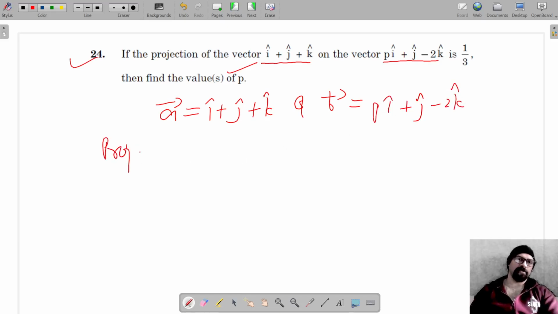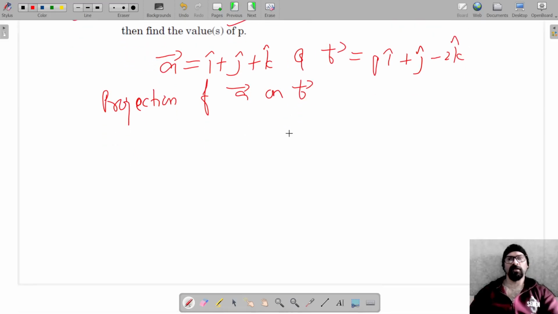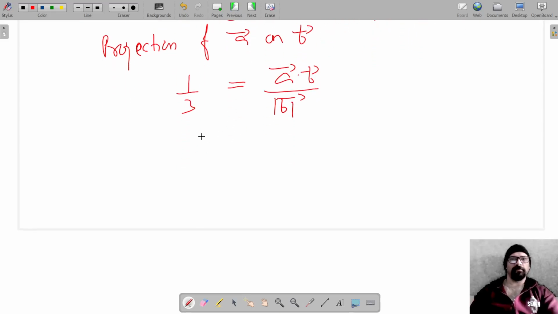Now the projection of A on B will be the dot product of A and B divided by the magnitude of B. This is the projection, and it is given as 1 by 3.